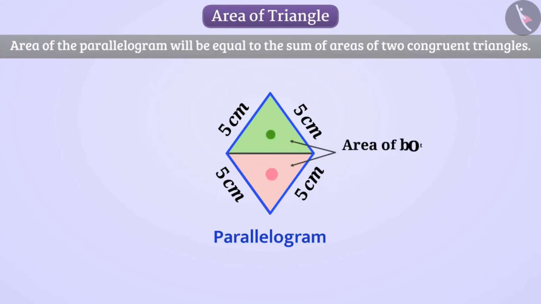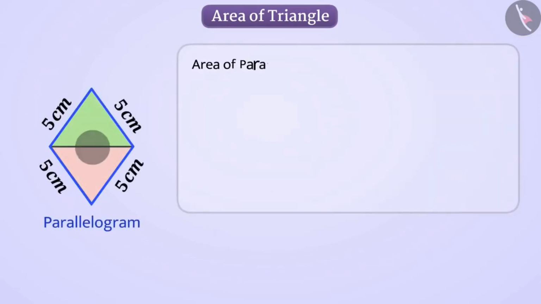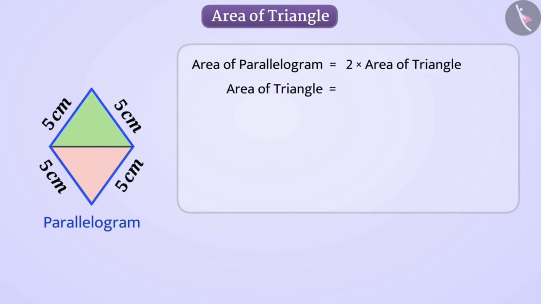Since the area of both triangles is equal, the area of the parallelogram is 2 multiplied by the area of a triangle, that is, the area of a triangle will be half of the area of the parallelogram.